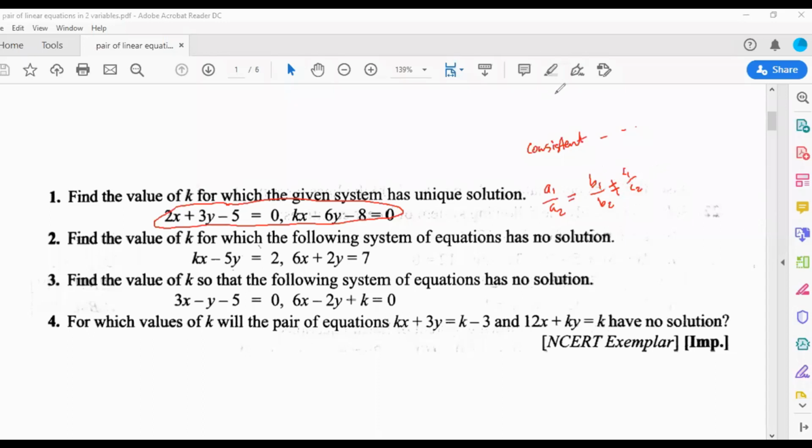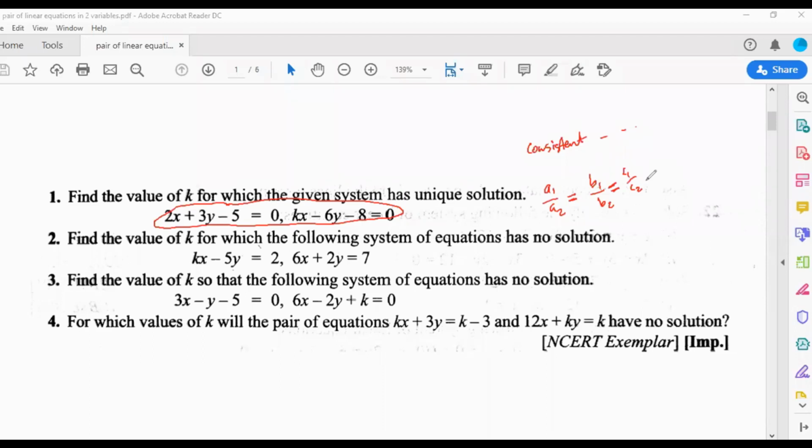And in this case, sometimes it may be equal. If the last one is also equal, then dependent. But the question says only check whether the given equation is consistent or inconsistent. So what will we write in the third case? That's the question.